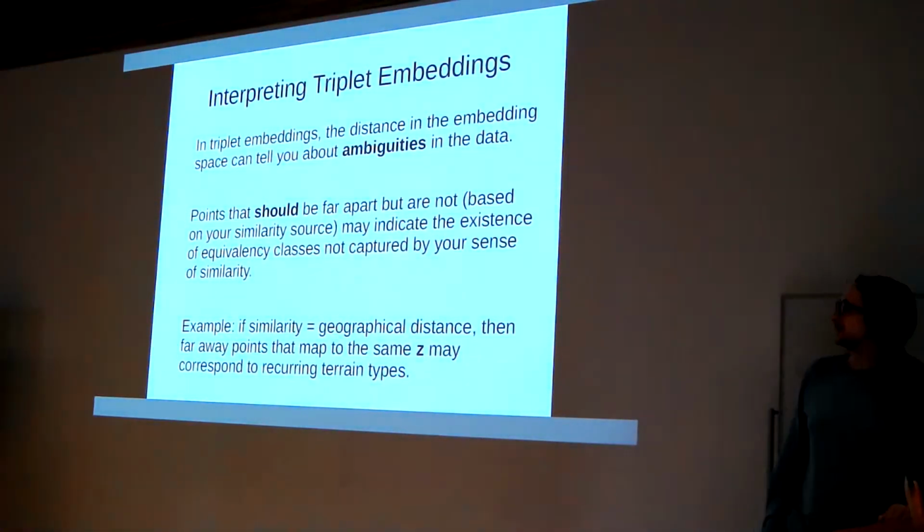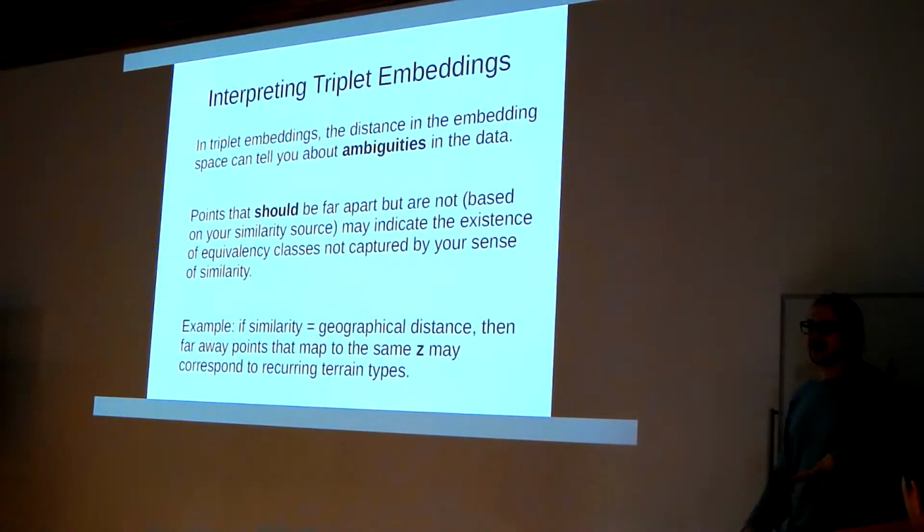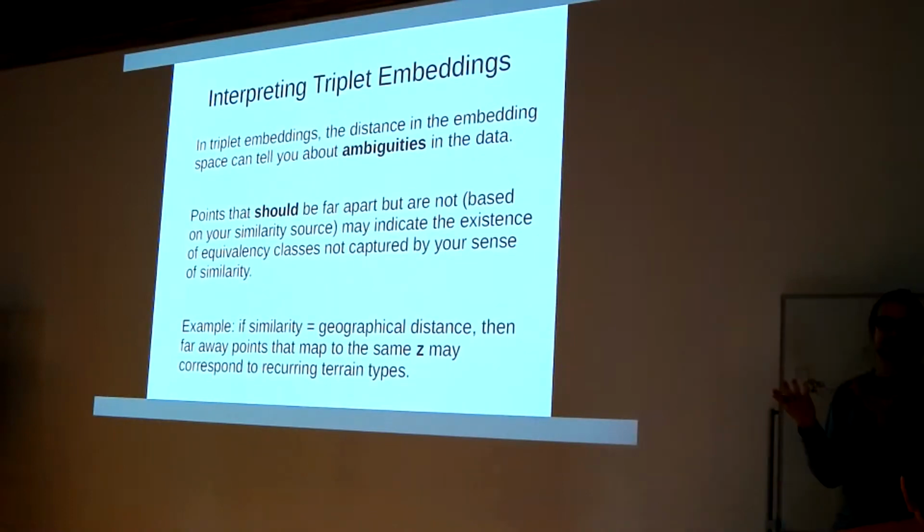Yeah, so the other thing about this kind of embedding is if you have a sense of similarity and you know that certain things should be far apart or not, but it fails to capture that. And maybe the satellite image would be a good example. So let's say my similarity sense is geographic nearness. Points that are close to each other in latitude and longitude should be clustered close to each other in triplet embedding, and faraway points should be far away.